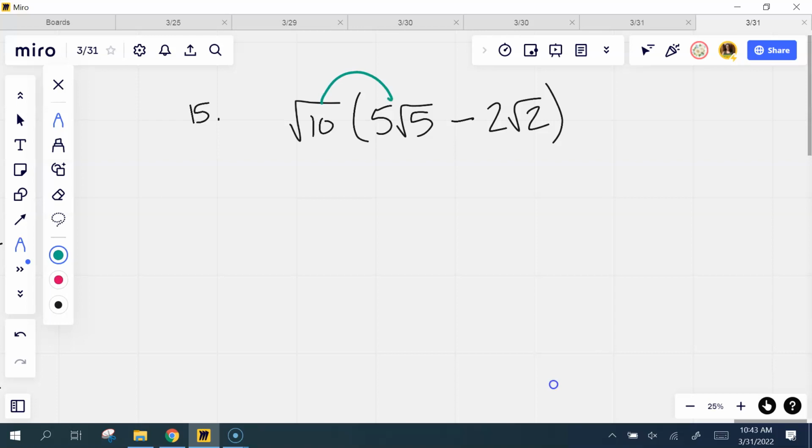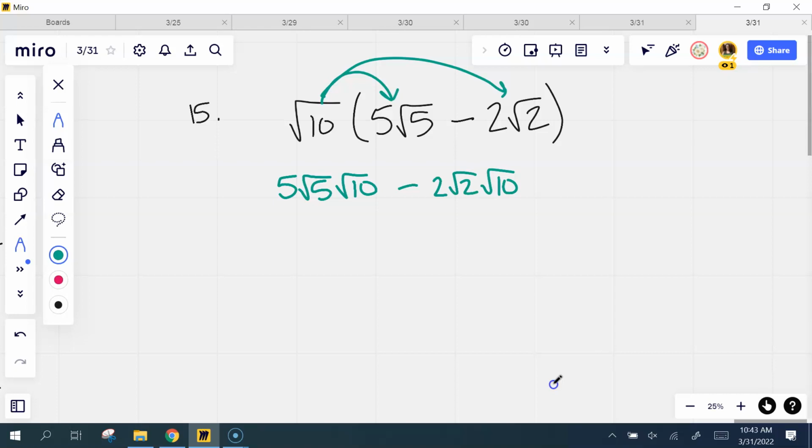I'm going to distribute. So I've got 5 times the square root of 5 times the square root of 10, and I'm taking this step by step so you see. And then minus 2 square root of 2 times the square root of 10. Does that confuse anybody?